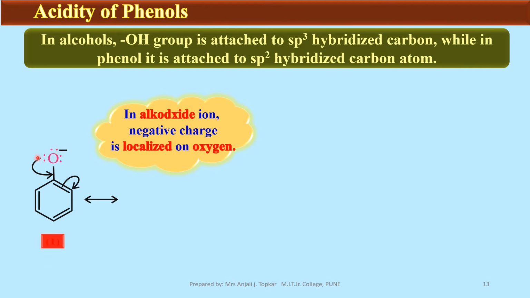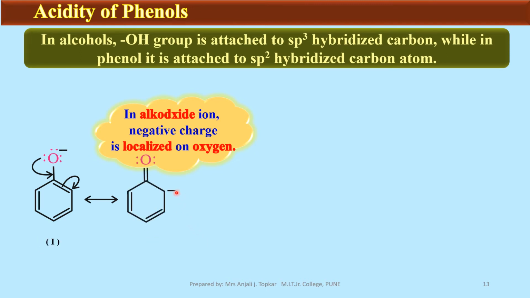One of the electron pairs moves here, giving rise to double bond character between the sp2 hybridized carbon atom and the oxygen atom. Since the electron density increases here, this double bond breaks and the electron moves to the ortho position, giving negative charge to this carbon atom. Thus, the second resonating structure is obtained.